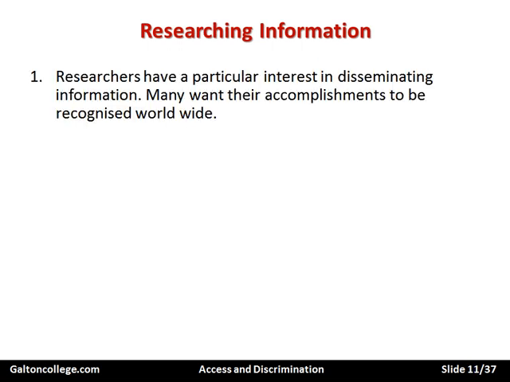Now, researching information. Researchers have a particular interest in disseminating information. Many want their accomplishments to be recognized worldwide, and there's a whole global army of people who are prepared to offer advice and support.